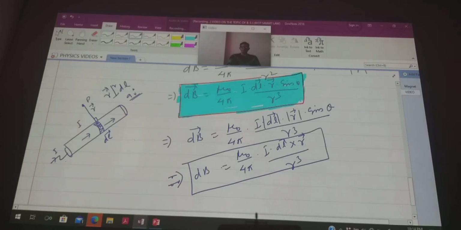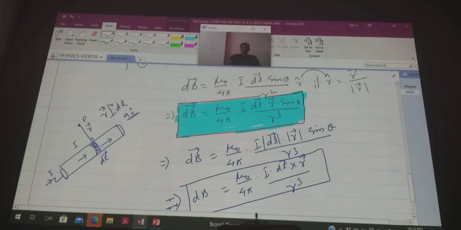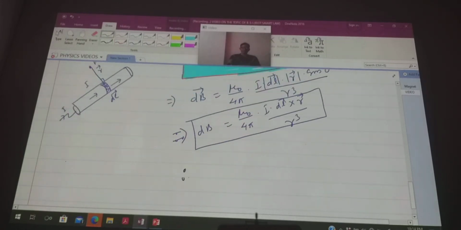Finally we can write it like this, dB is mu 0 by 4 pi, I dl upon r square. One r and one r will be cancelled, and then we can write like this.